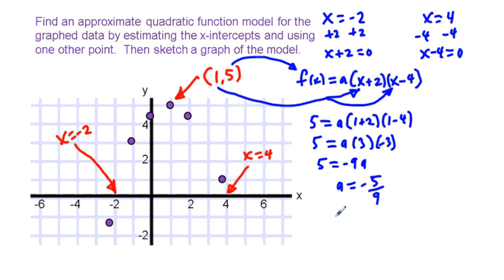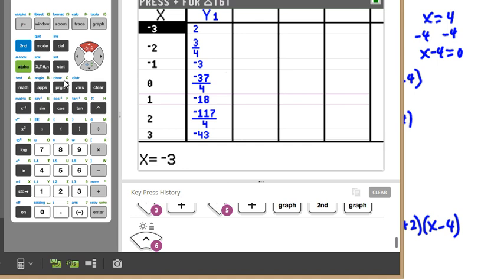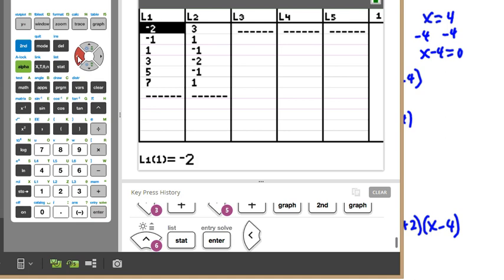And so our function is going to be f of x equals negative 5/9, and in factored form, we're going to have quantity x plus 2 times quantity x minus 4. So let's just see what this thing looks like. Let's go to a calculator. We're going to go to stat edit, and enter all these points for this new one.